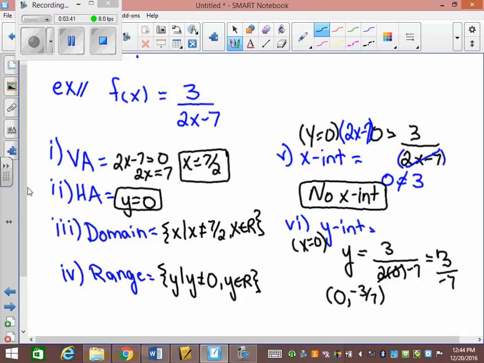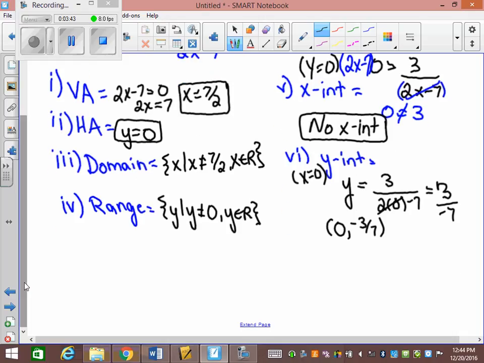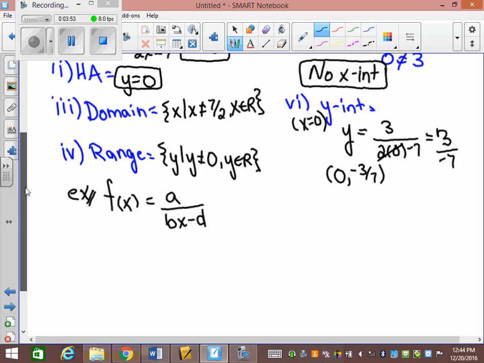Now a diploma style question exactly like that. Example, f of x equals a over bx minus d. Vertical asymptote.